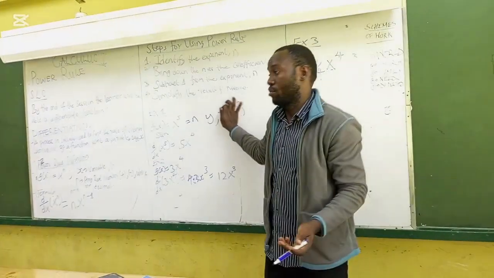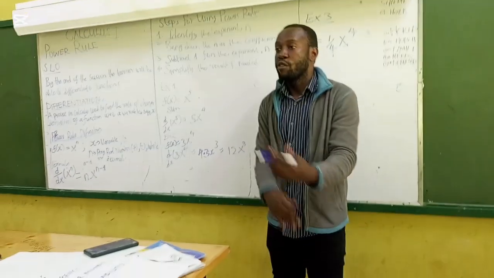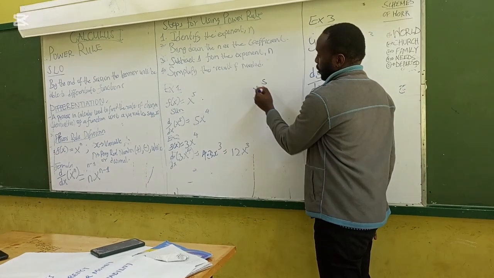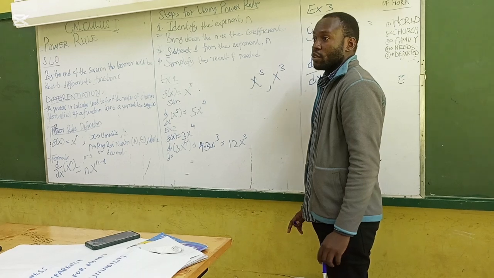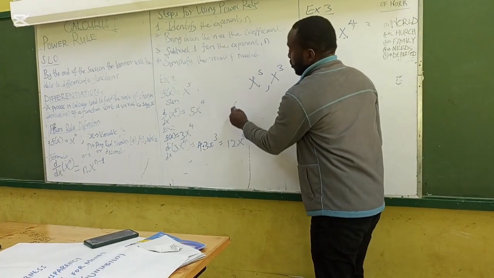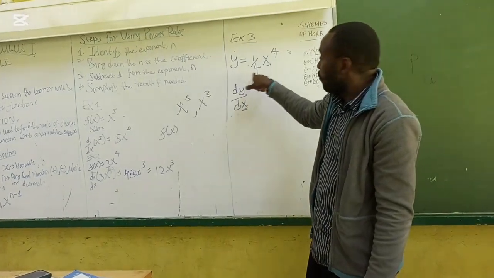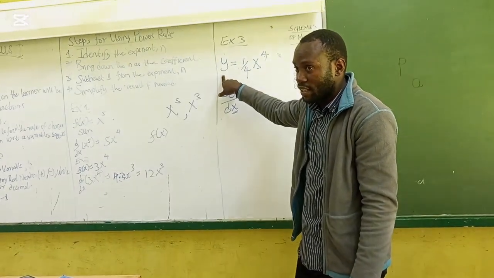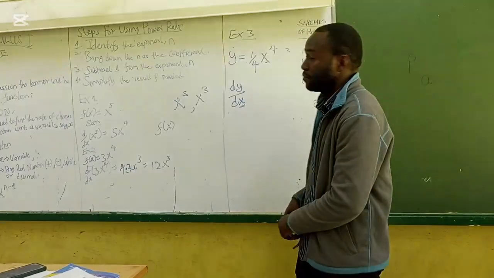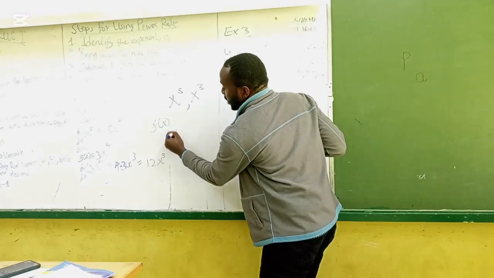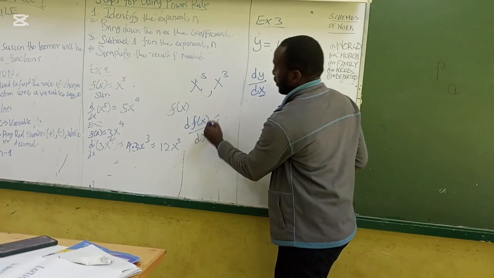It can be any letter that you choose. Sometimes a question can come: differentiate the following function, 5x cubed, or anything. So that's why I decided to call this function f of x. But at this point, we've been given our function of x to be y. That's why I wrote dy. But if it is not given, you will write d of f of x with respect to x, and then differentiate.